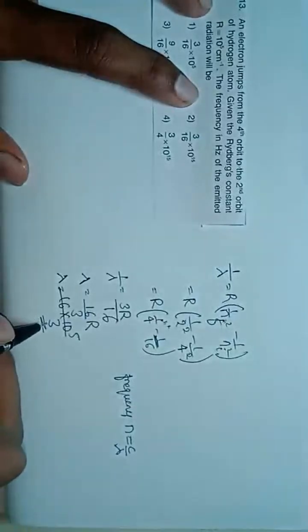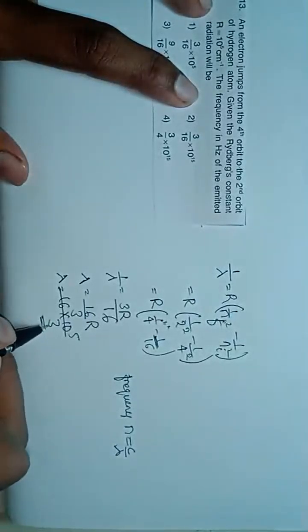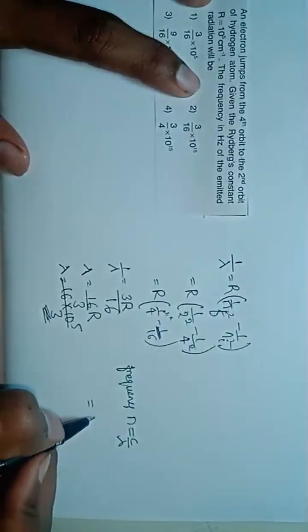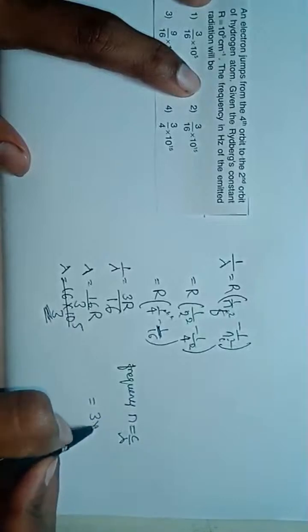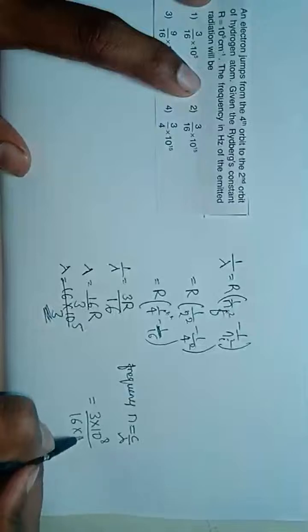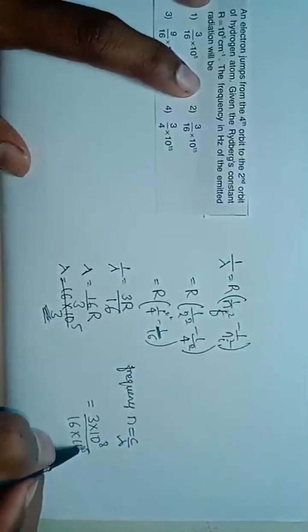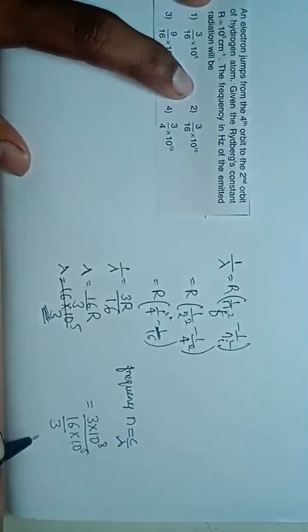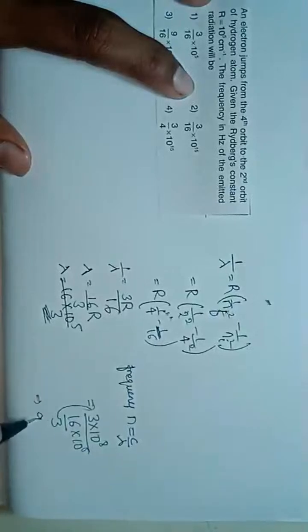We have the lambda value, that is 16 divided by 3 into 10 power of 5. Substitute this: the speed of light 3 into 10 power of 8 divided by lambda. So you will get 9 by 16.